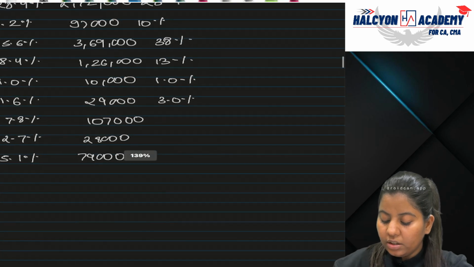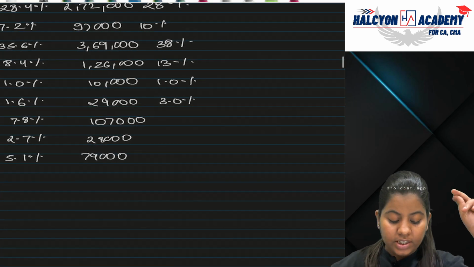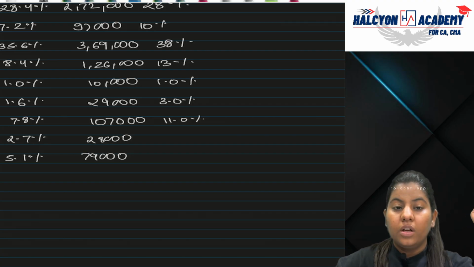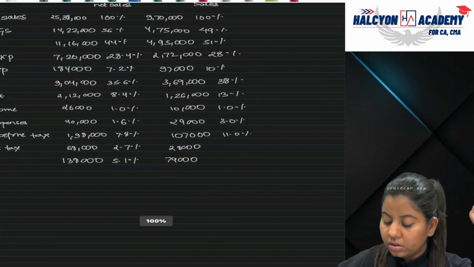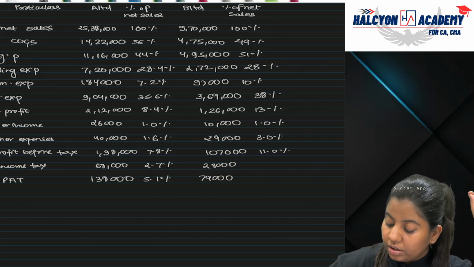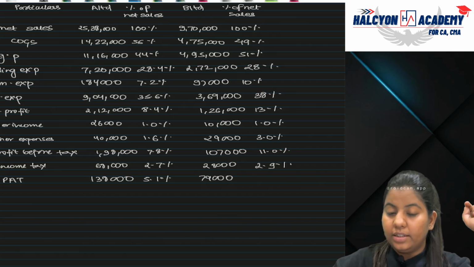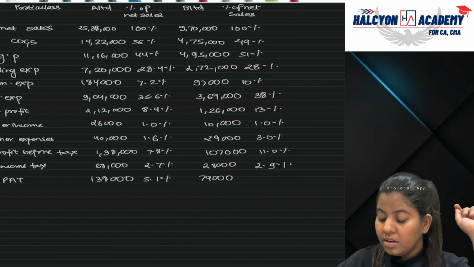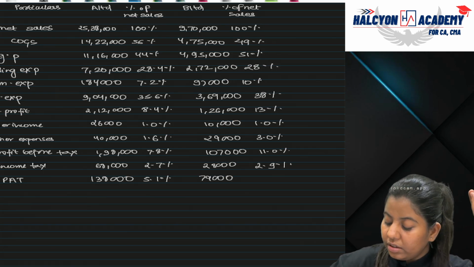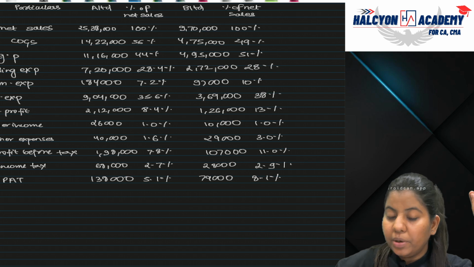So 1,07,000 divided by 9,70,000 is approximately 11%. And 28,000 divided by 9,70,000 will be 2.9%. Then 79,000 divided by 9,70,000 will be approximately 8.1%.